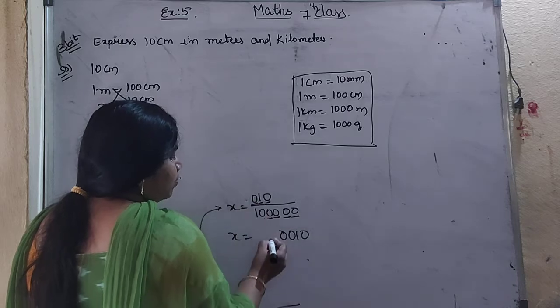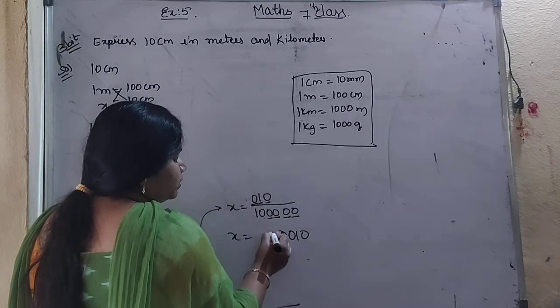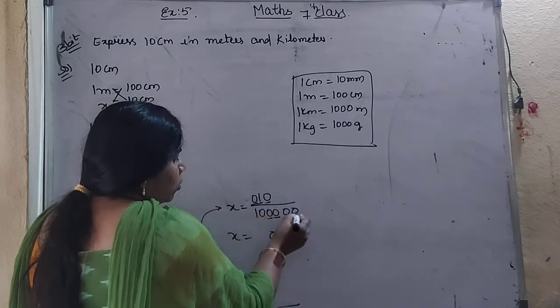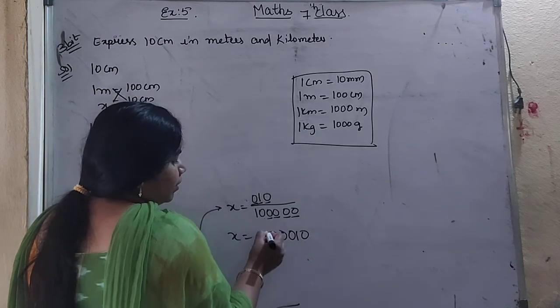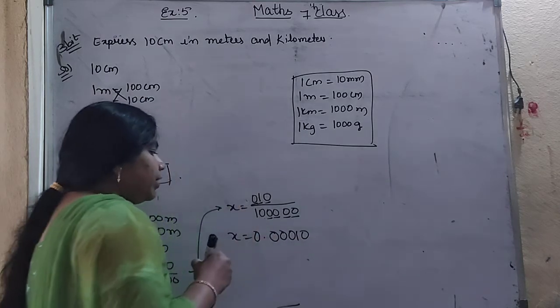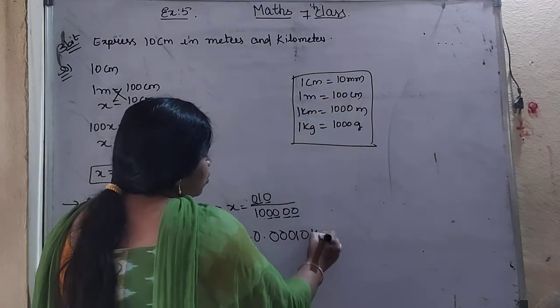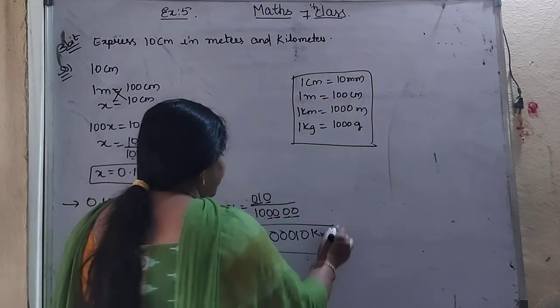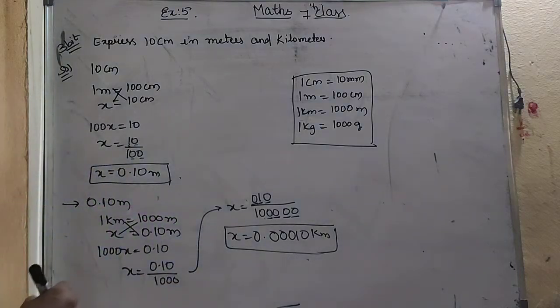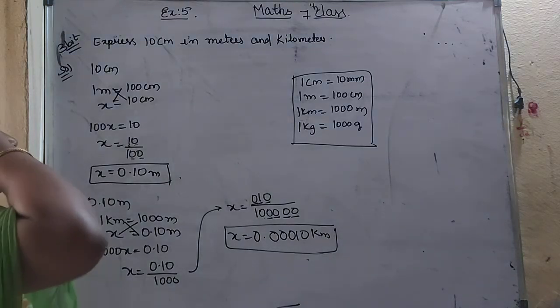Fifth 0, no number, so we take it as 0. All zeros completed, all numbers completed: 0.0. So it will be 0.00010 kilometers. So 0.10 meters is equal to 0.00010 kilometers. This is how you convert meters to kilometers.